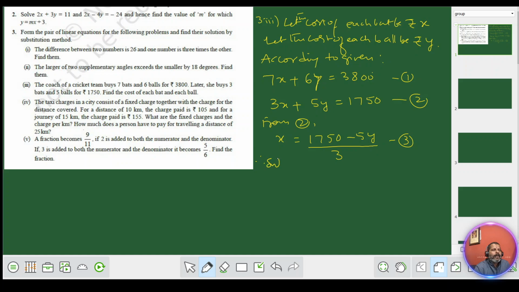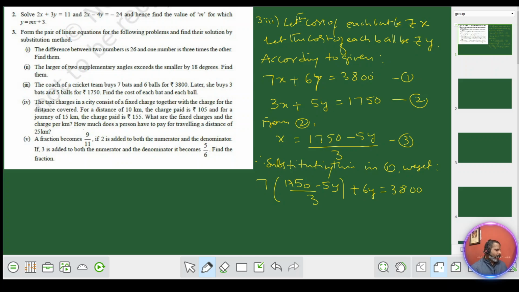Therefore, substituting this in 1, what do we get? 7 of x means what? 7 times (1,750 minus 5y) by 3 plus 6y equal to 3,800.